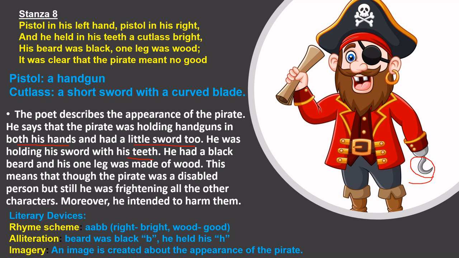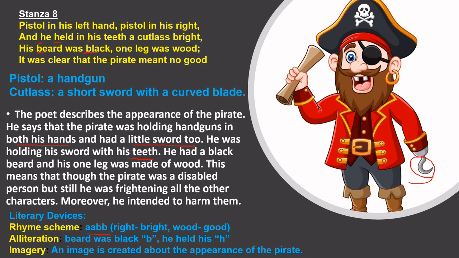Now the literary devices used in this stanza are rhyme scheme, A, B, B, and alliteration. "Beard was black", so the B sound; "he held his", so you see the H sound is repeated here in both the lines.